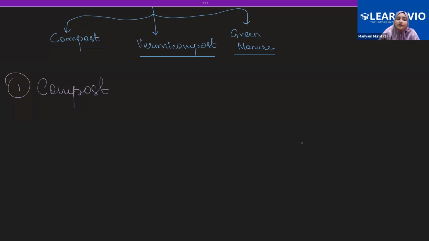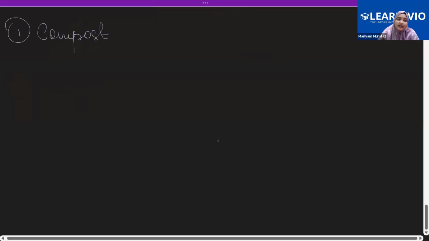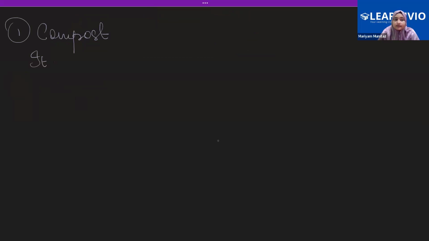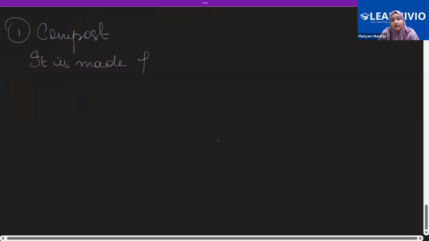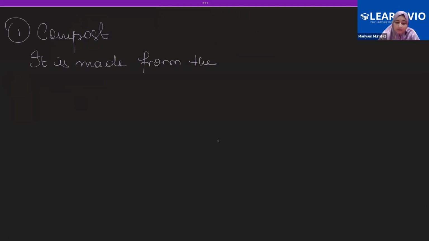Okay, so when we talk about compost, it is made from farm waste materials such as what are they?